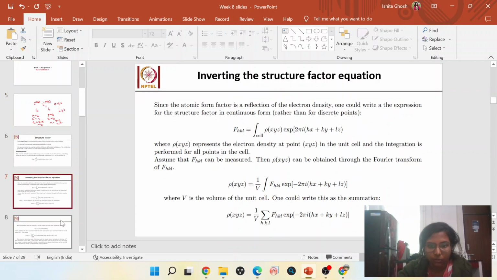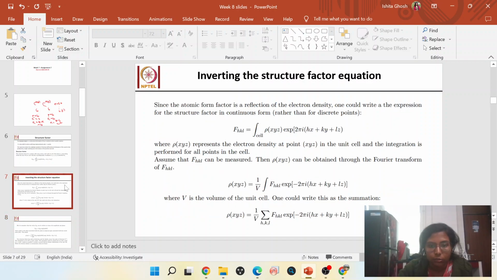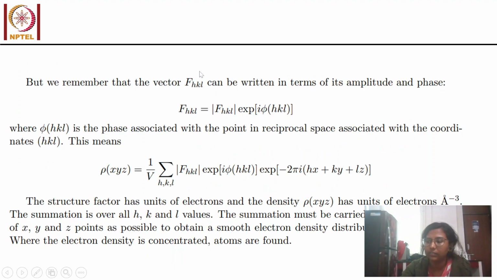Where were we? Here we have the electron density, and for this we need to measure the structure factor. This structure factor is a vector, and if something is a vector, it can be written in terms of its amplitude and a phase. So every structure factor will have a phase.